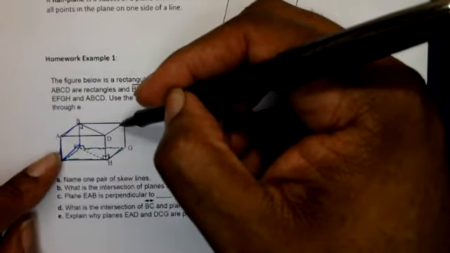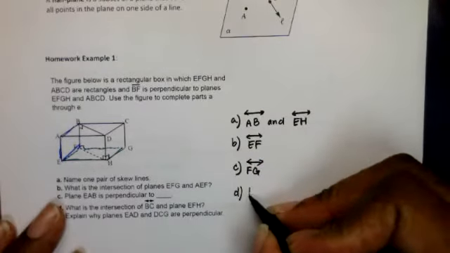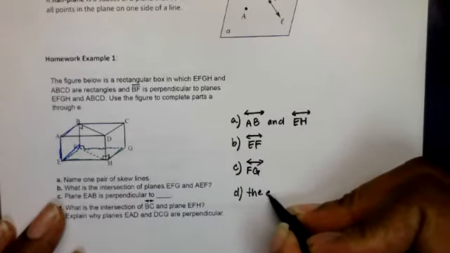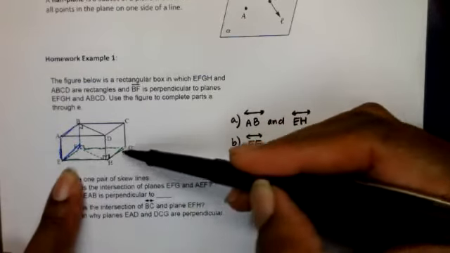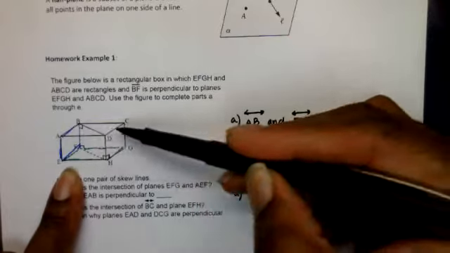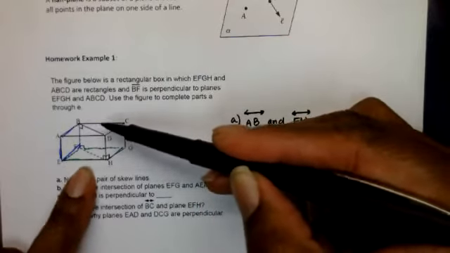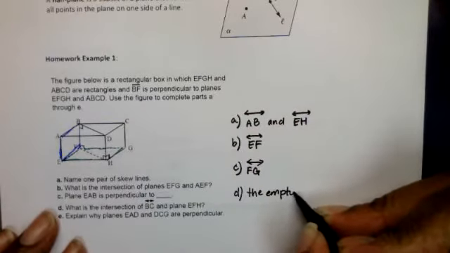Those are in two different planes, by the way, and those are skew. So that means it's going to be the empty set. Oh, I'm sorry. EFH is down here, and BC is way up here. Those are in two totally different planes, so the empty set would be the correct choice.